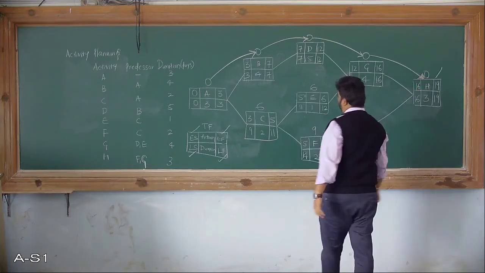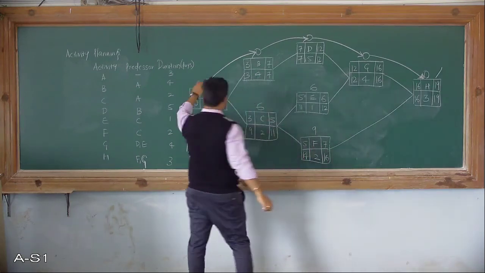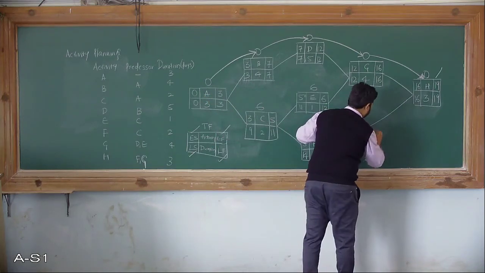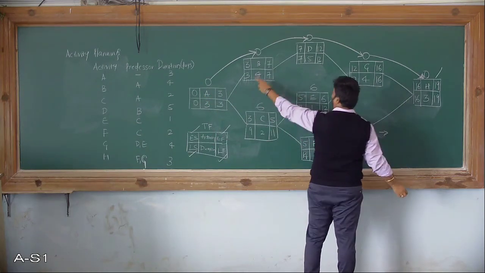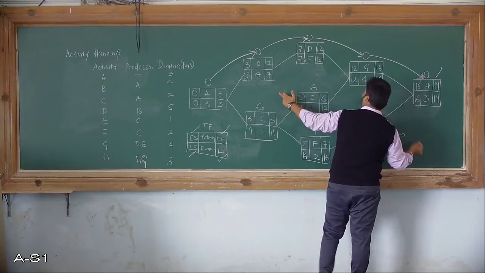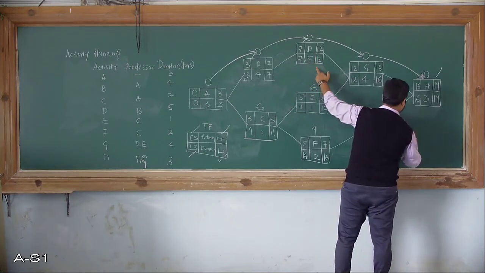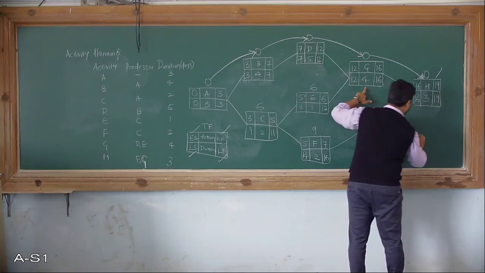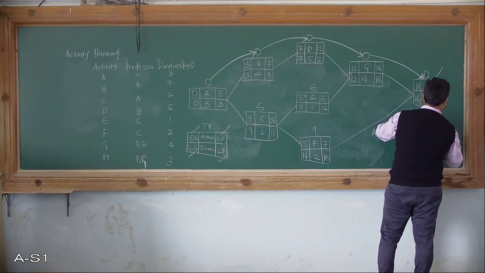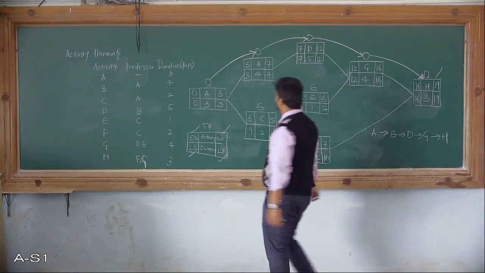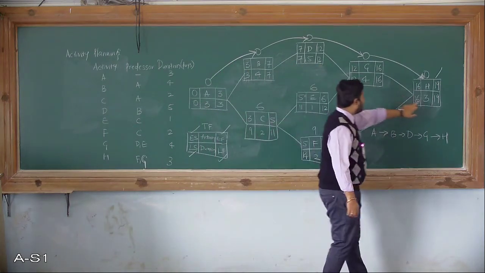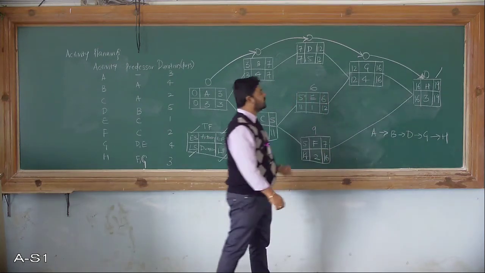Okay, you can observe this particular path, that is fine. Activity A will be listed here, followed by activity B because total float is 0, then activity D, then activity G, followed by activity H. You can observe here activities A, B, D, G and H whose total float is 0.